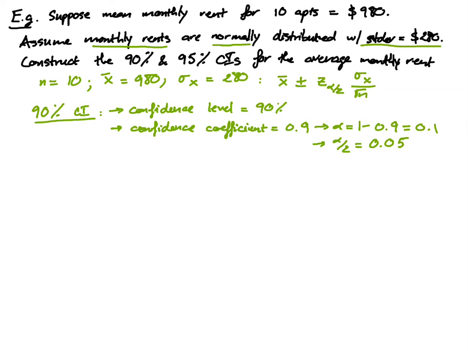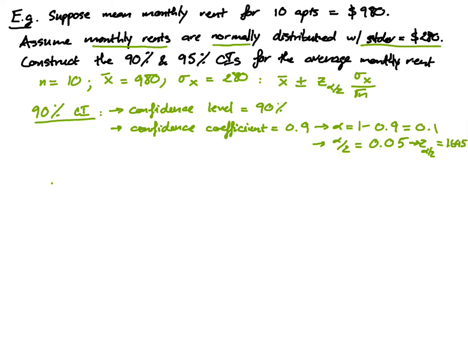Now we know that when alpha over 2 is 0.05, z sub alpha over 2 is going to be equal to 1.645. Okay. Now let's see how we obtain that value, right?